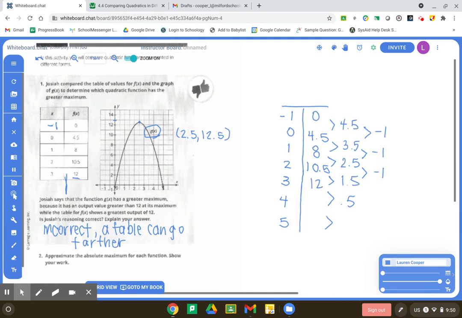And this would be negative 0.5. So it looks like this would be 12 and a half. And then let's see, so this is minus 1.